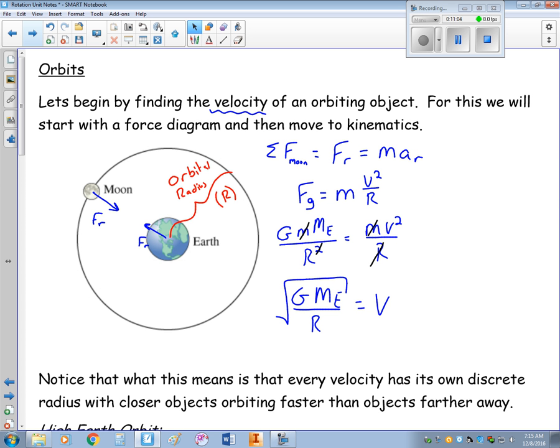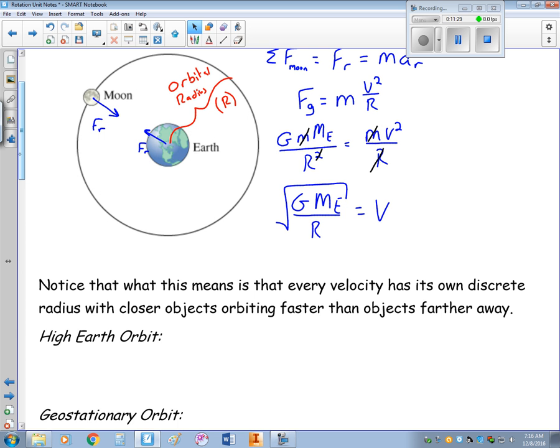So the further away from the Earth you get, as r becomes bigger, v becomes smaller, and it's definitely not a linear relationship because of that square root. But notice that as you get closer to the Earth, the object must travel faster to orbit. As you get farther away, the object can travel slower. So each velocity has its own discrete radius. Closer objects orbit faster.